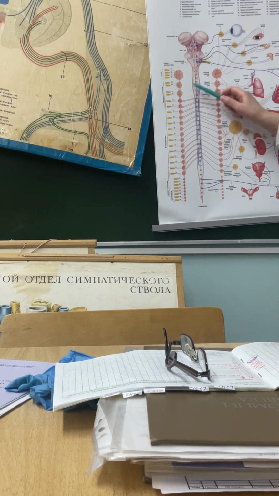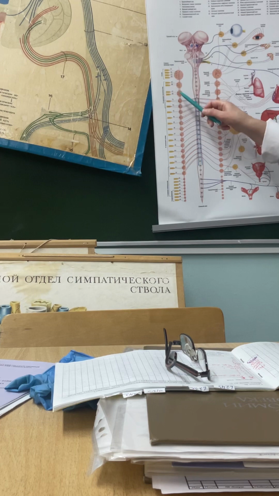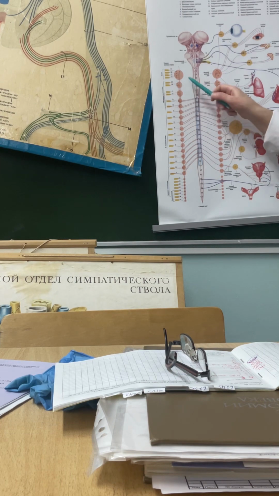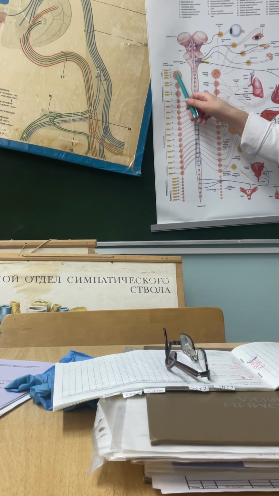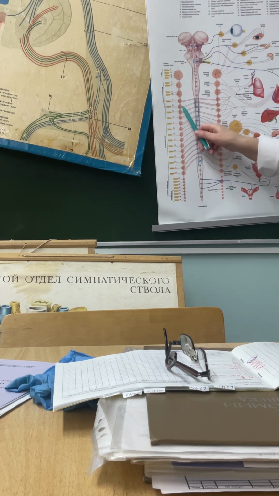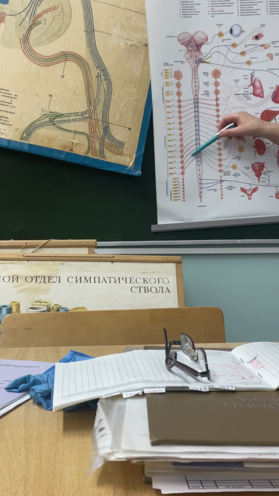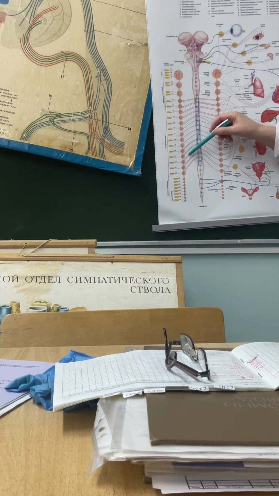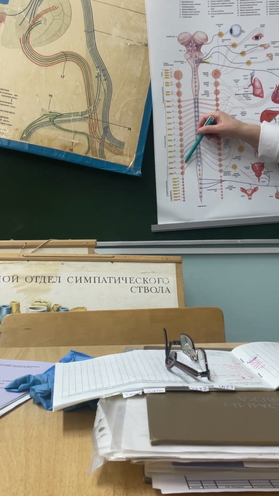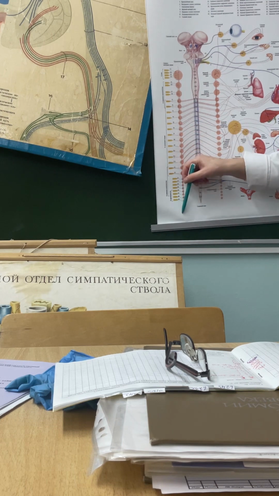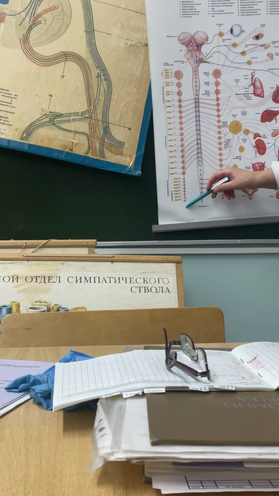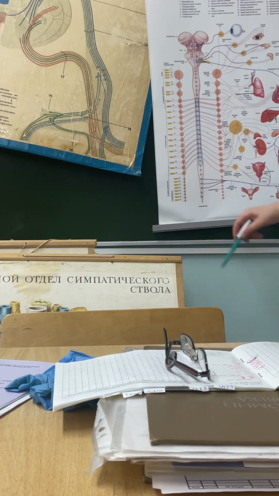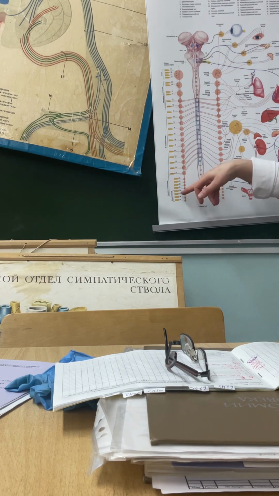To reach the cervical ganglia they run upward and synapse there, or they go down to the sacral, lower lumbar, and the last one, coccygeal. Gray rami communicantes come to each spinal nerve.